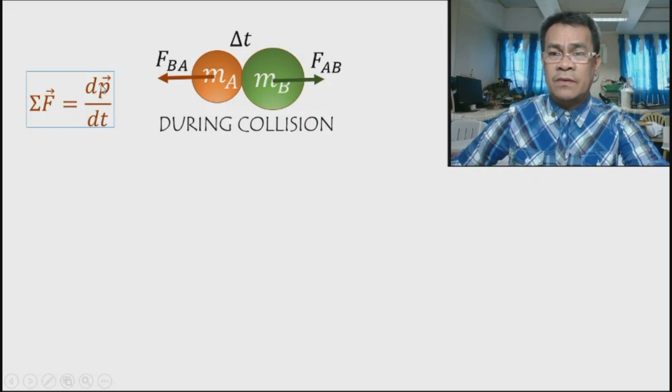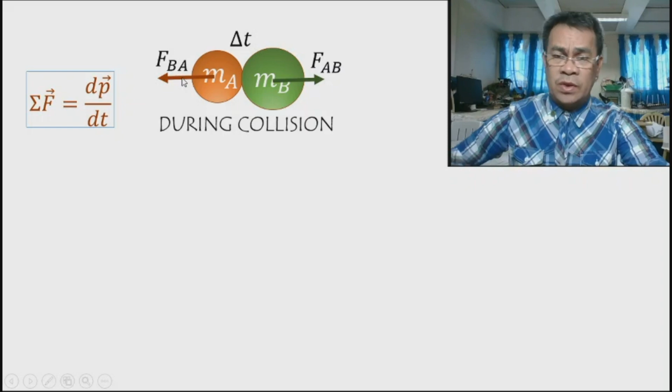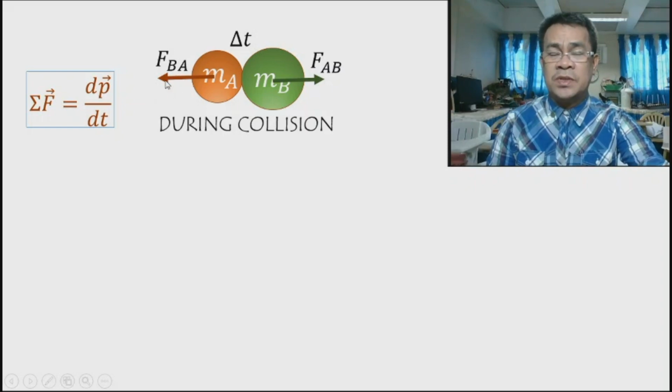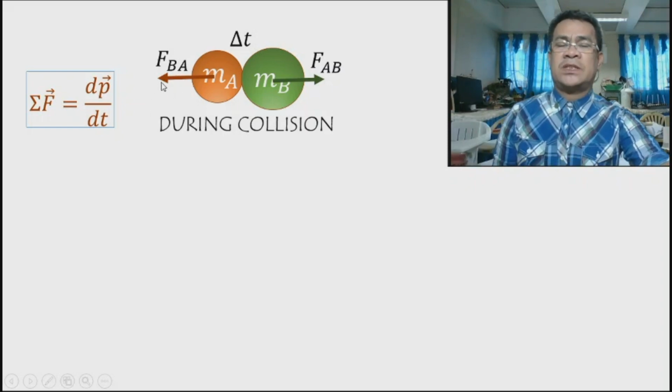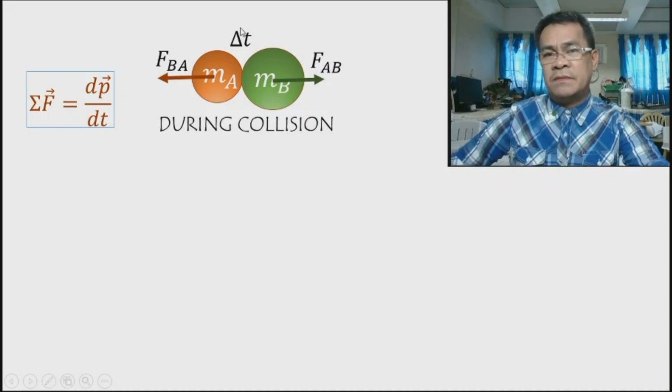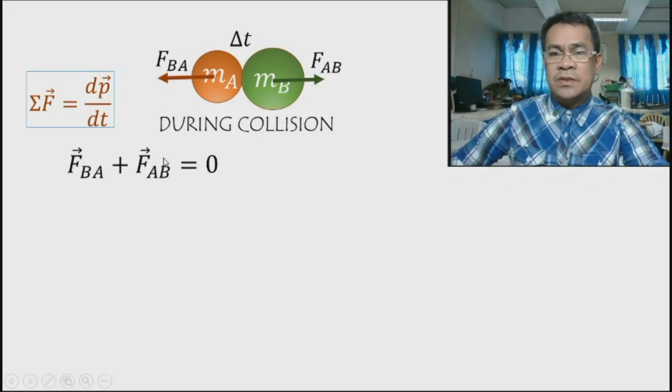So if the initial and final momentum are identified with respect to time, we can always solve for the force. And if we know the force and the time of collision, we can always solve for J, because J is the impulse, the product of the force times the time of collision.